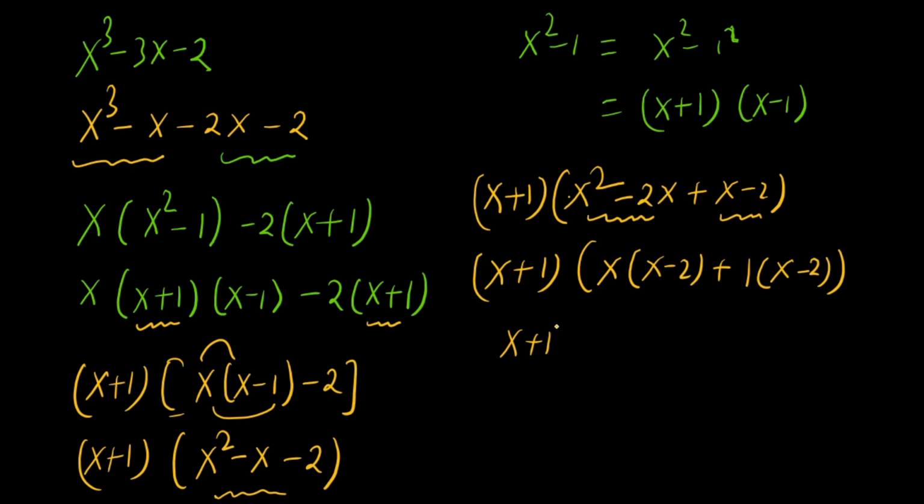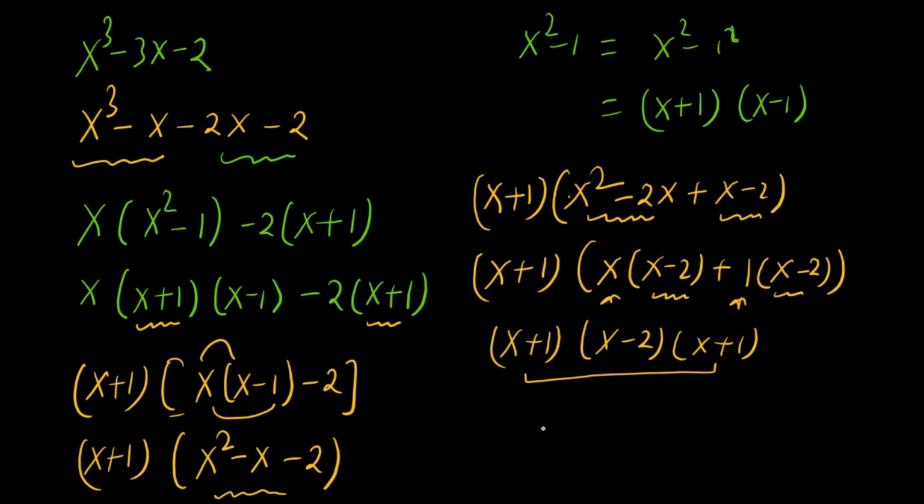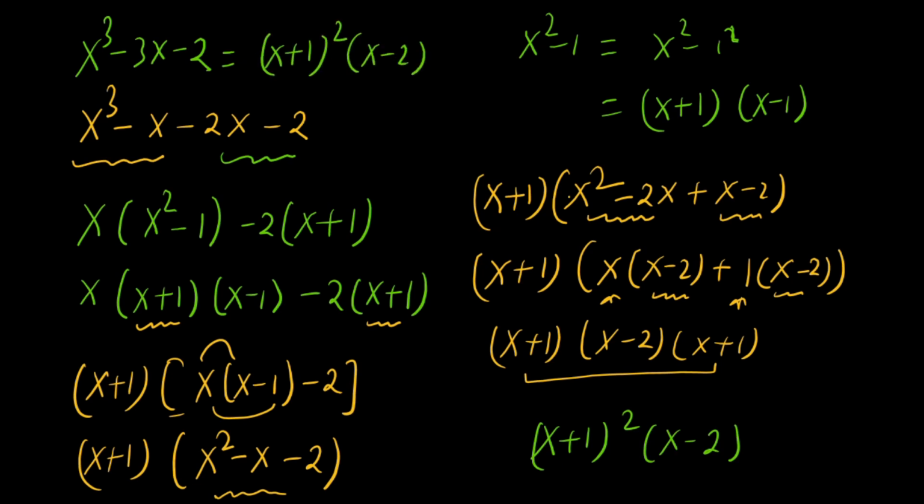Then (x + 1) times (x − 2) is common. If we take x − 2, then x and +1, then x + 1. Now look carefully, (x + 1)(x + 1), then we can say (x + 1)² times (x − 2). So the factorization of this cubic is (x + 1)² times (x − 2).